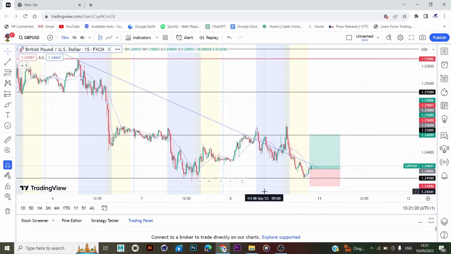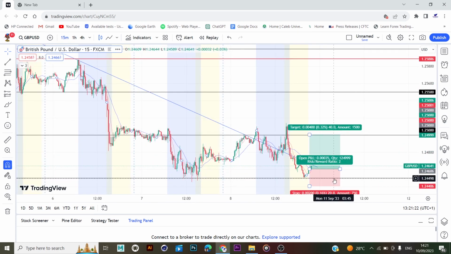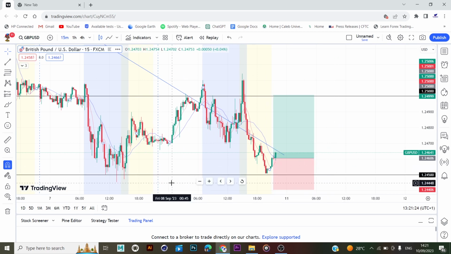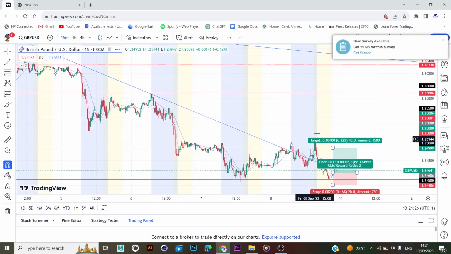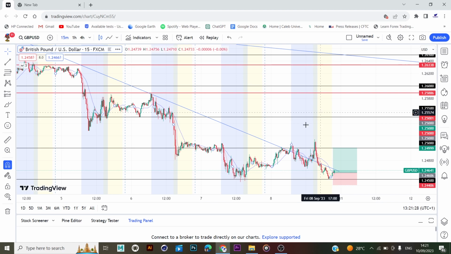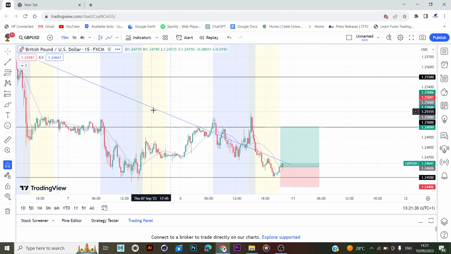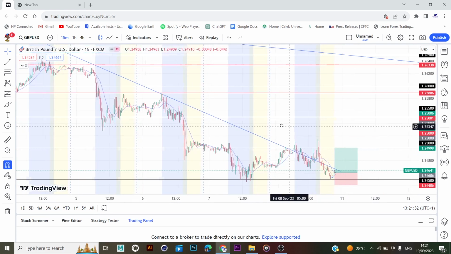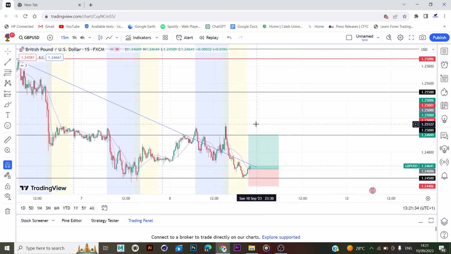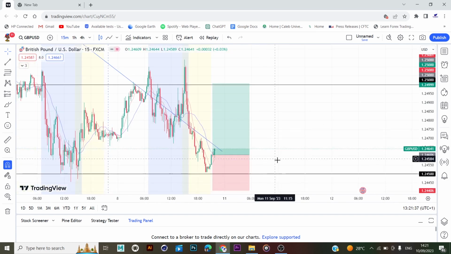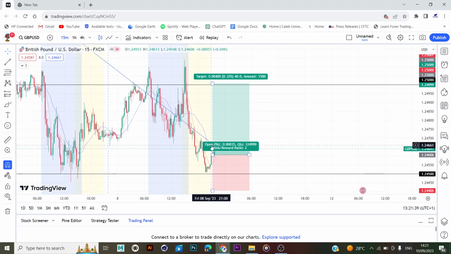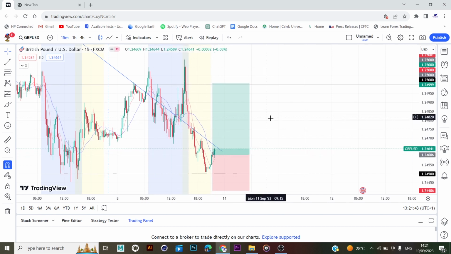So I noticed that price is still doing the same thing right here, but there's one thing that may compromise this directional bias because of this trend line. Since we are traders, we don't need to trade against the trend. So before we can trade, we have to wait for a breakout of this trend line before we get in.